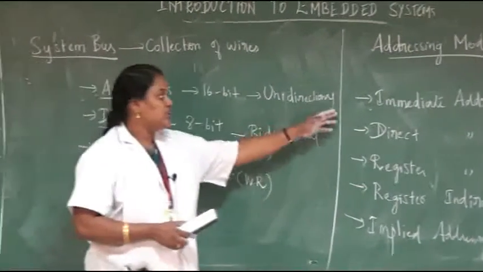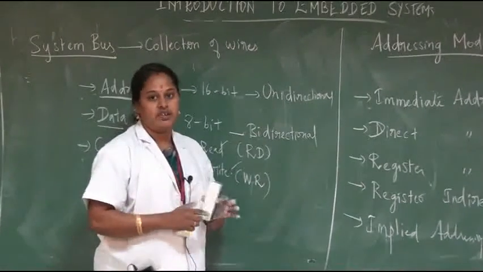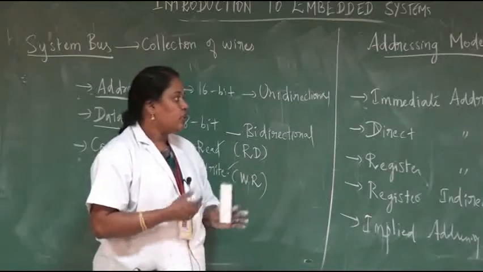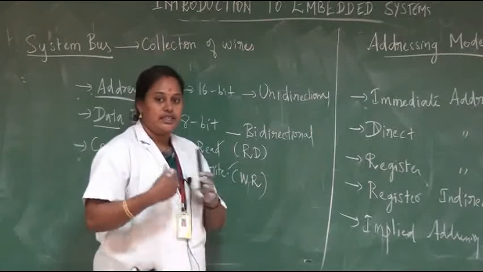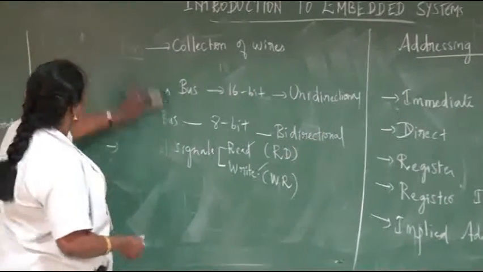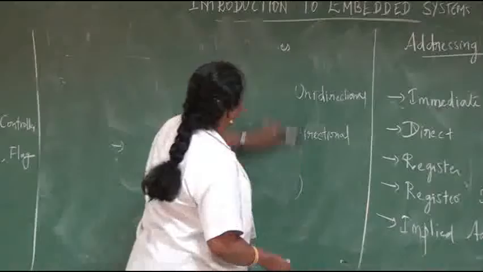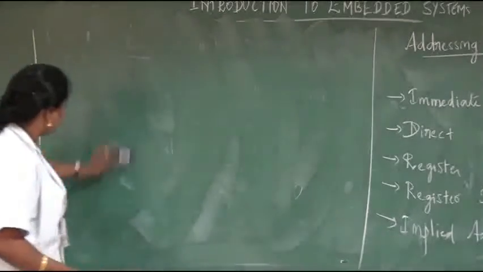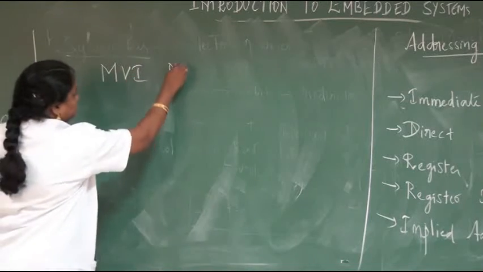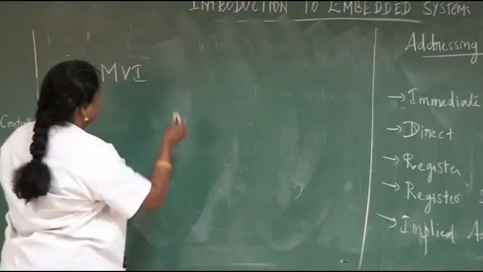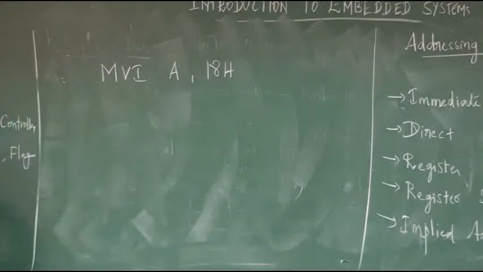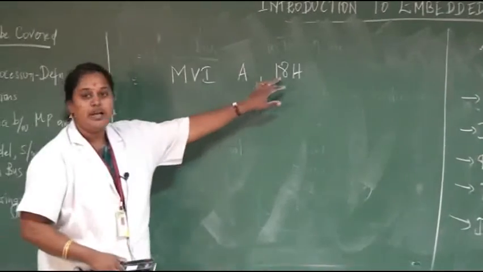Suppose the data to be processed is available in the same instruction, it is referred to as immediate addressing mode. For example, let us look at MVI A, 18H.